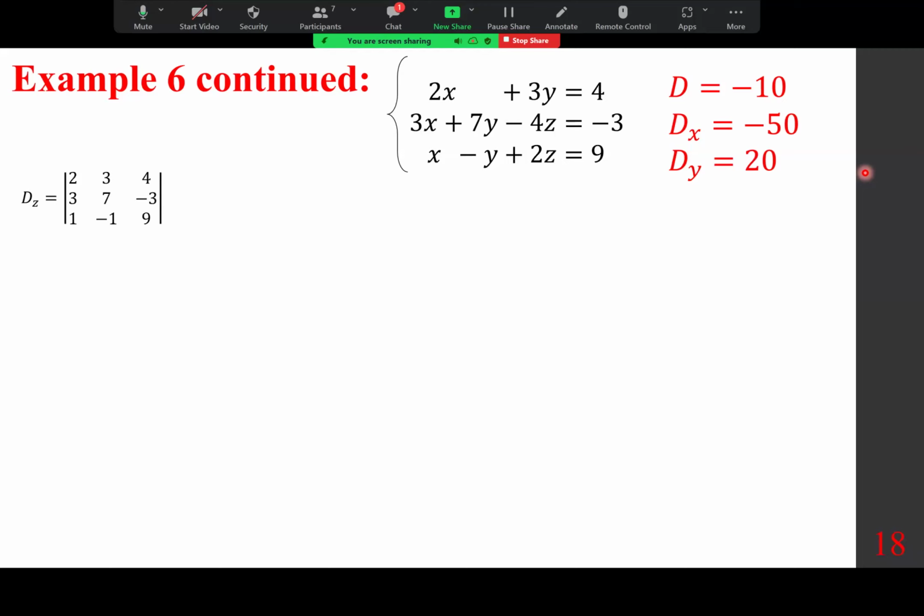So if we want to expand it again with respect to this column, getting rid of this will result in this. So 2 times the determinant of that.